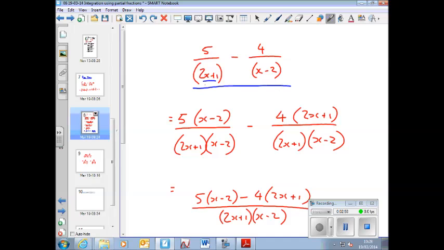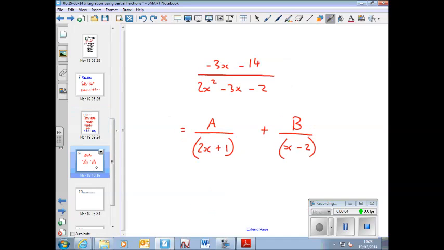So we've got our two factors now, 2x plus 1 and x minus 2. All we've got to do is try and find out what these numbers are. So what we do is we call one of them A and one of them B. And now we've got to go through a method to try and find out what A and B are.